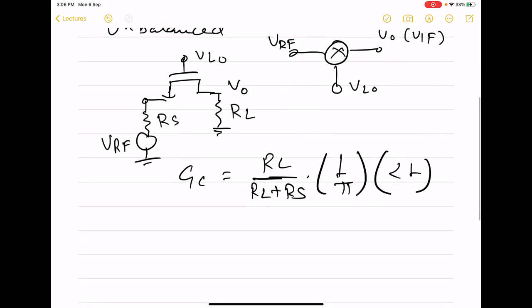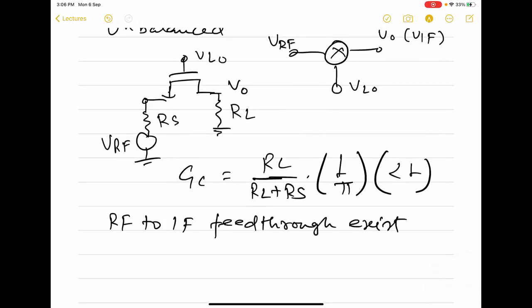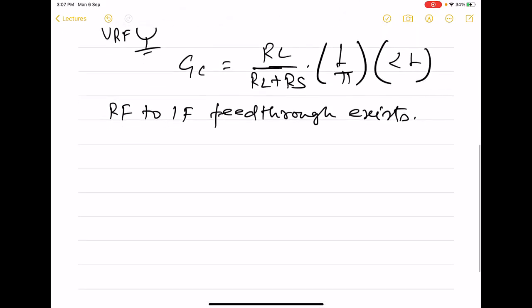And here there was issue that RF to IF feed through exists. And we did not include the gate to source or gate to drain capacitor. If you include, then there will be LO to RF and LO to IF feed through as well.